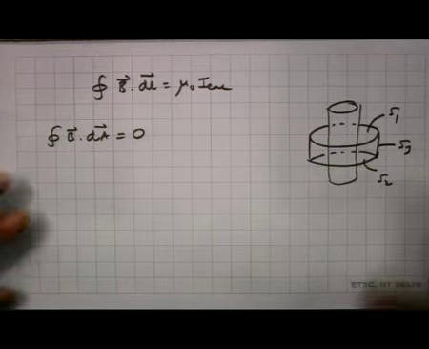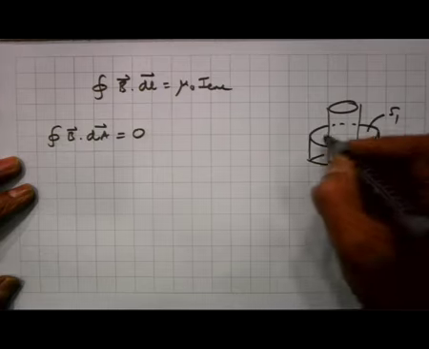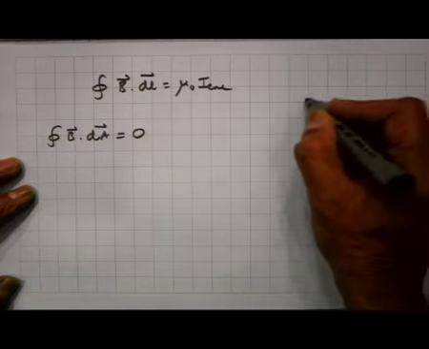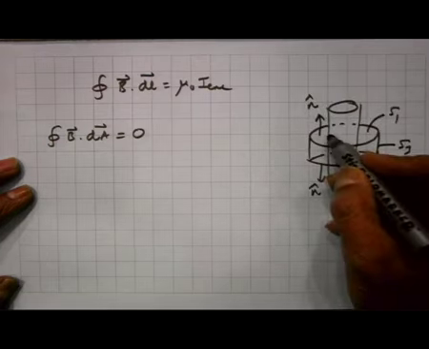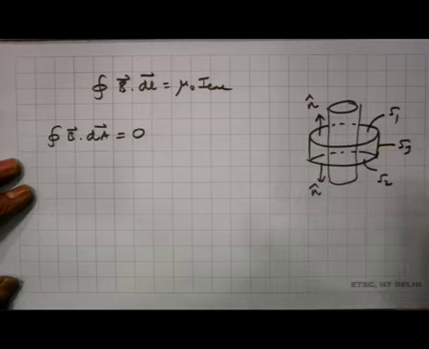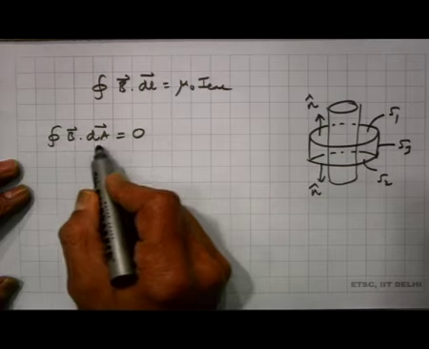Now, please note that because the normal to this surface is like this and the normal to this surface is like this, the dA vector on this surface is pointing up, the dA vector on this surface is pointing down. Recall Gauss's law, when you do an integration like this, the dA vector is an area vector with the outward normal.